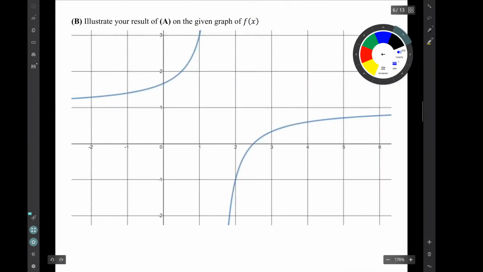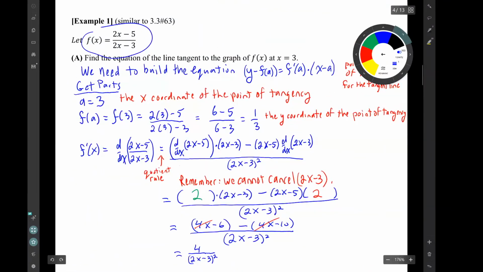Let's go on. Question B says, illustrate our result of A on the given graph of f of x. Well, let's recall what the question was in part A. The question in part A was to find the equation of the line tangent to the graph of f of x at x equals 3. So we've got the equation for that line. Now to illustrate that equation, we should draw that tangent line.